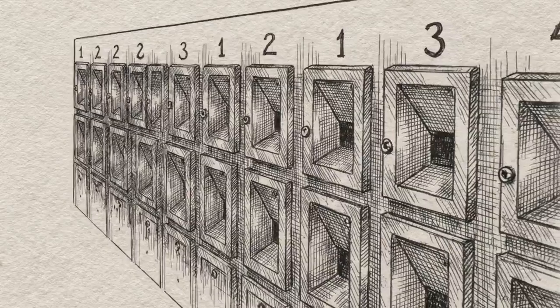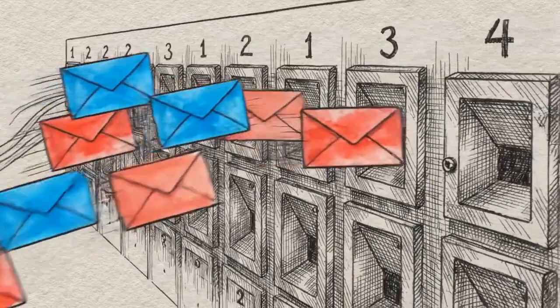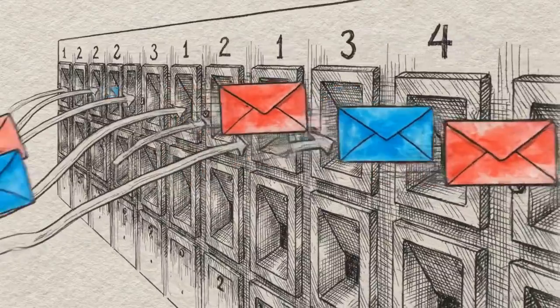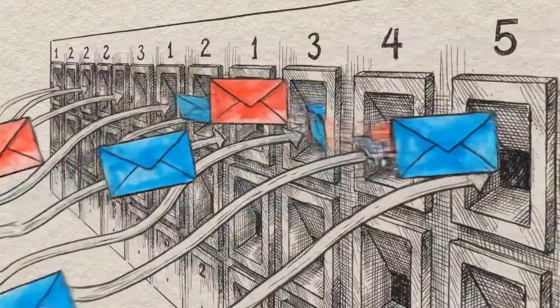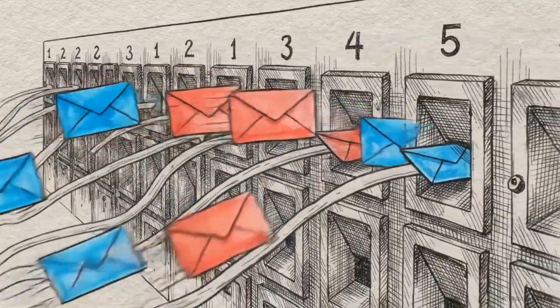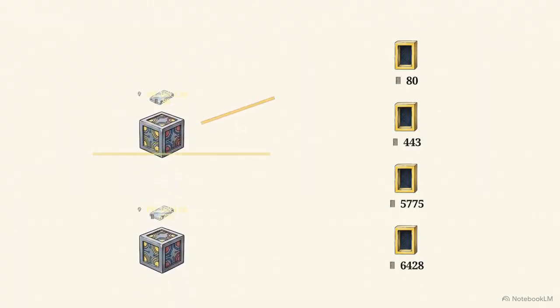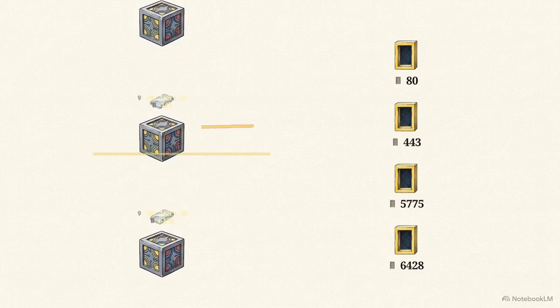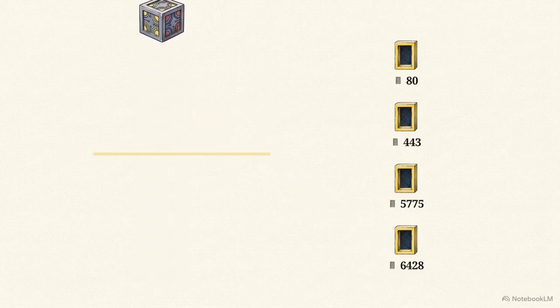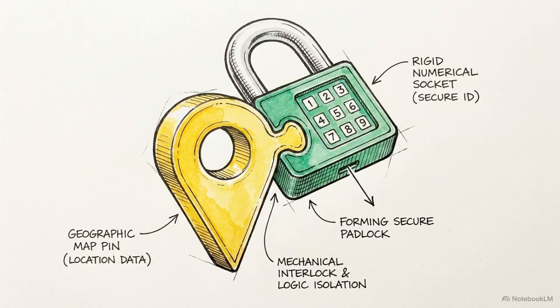If the IP address routes data to the physical building, the port number tells the internal system exactly which apartment mailbox receives the envelope. The operating system continuously reads these incoming packets, pairing the external IP address against the internal port destination. Combining the IP address and the port number creates the exact logic required for true process-level network isolation.